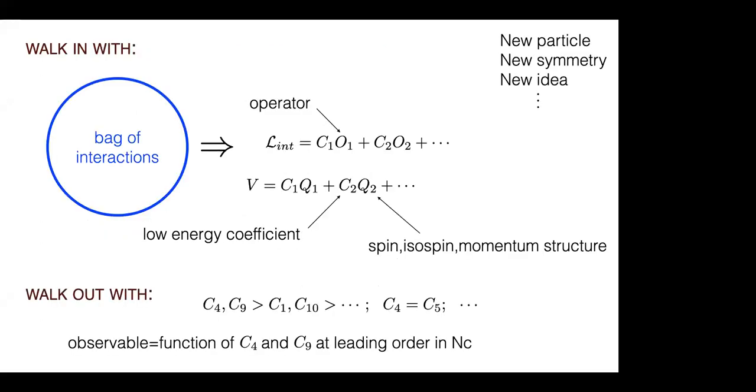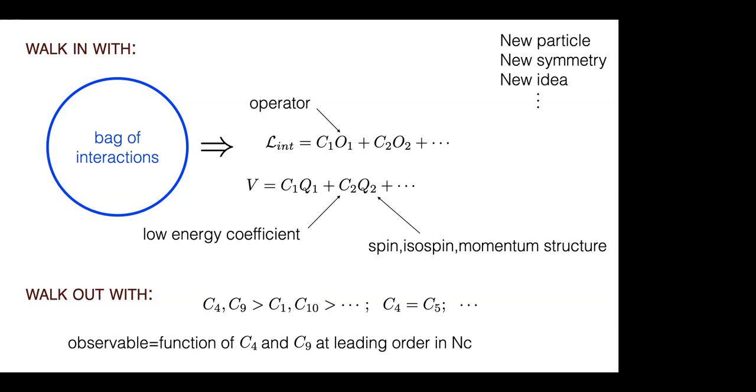So you have a new particle, one or more, new symmetry, new idea, new interaction. And so you walk in with a bag of interactions. And this could be in the form of an interaction Lagrangian. So you'll have a set of low energy coefficients, C1 through C whatever.